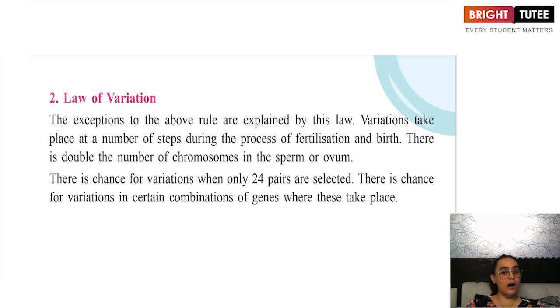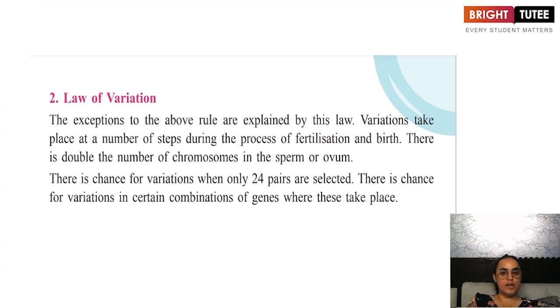And there are double the number of chromosomes in the sperm or ovum. So the genes, as we know, are more in the chromosomes present, and because of the double number of genes which are there in the chromosomes, the variation, the variety, the difference that can be seen in the offspring is also widespread.